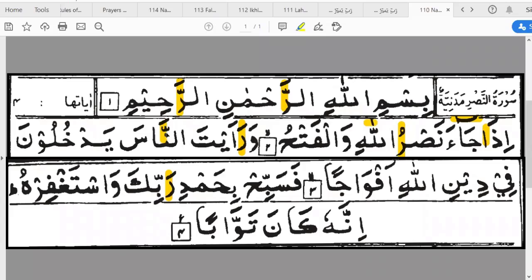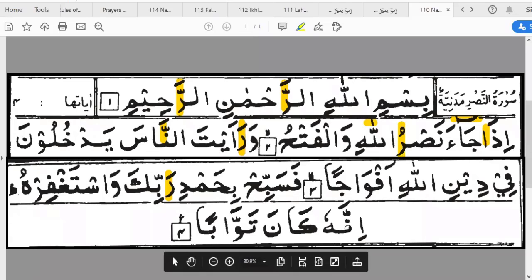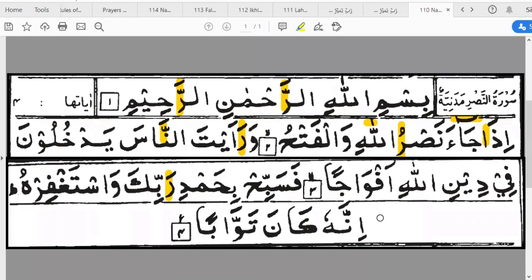Over here we have noon mushaddad. Remember that you have done the ghunna rule previously. Whenever you have noon mushaddad, you're supposed to prolong the sound for 2 seconds. Everywhere throughout the chapter, whenever you have madda letters, which is waw sakin, ya sakin, or alif, prolong the sound for 2 seconds.